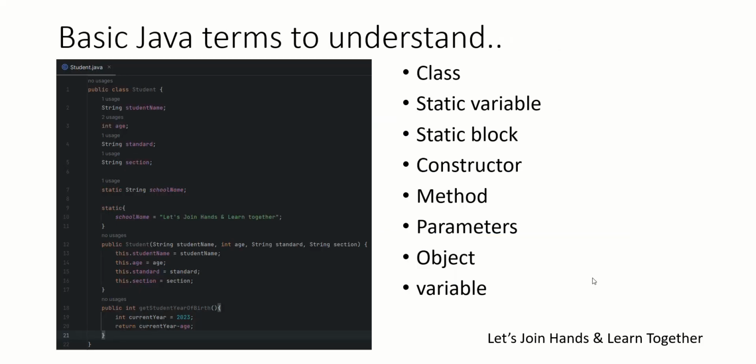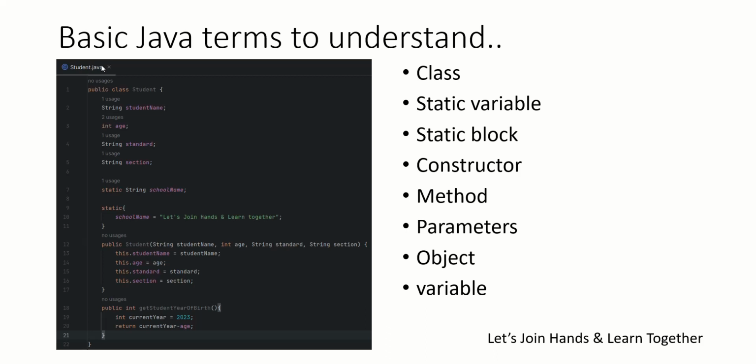Okay, to understand JVM architecture, first of all we need to know the different terms which we use in Java. Consider this is a class which we have written. What is a class? First we need to understand. Say I have a school, and I want to store student level information. What type of information and what schema do I need to maintain to store student information?